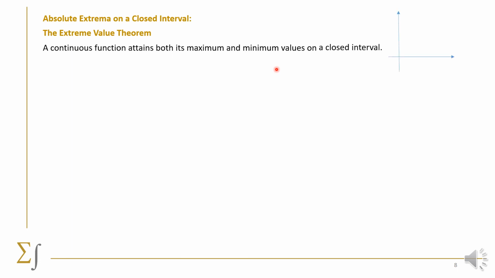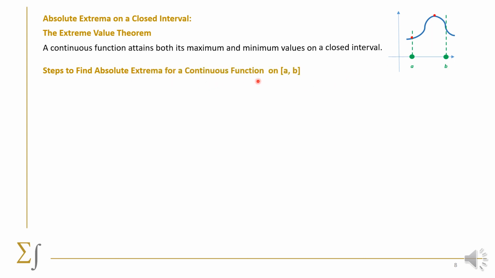We have the x-axis, the y-axis, and a curve of a function f of x. We take a closed interval AB, and this function attains its maximum value up here and its minimum value down here on the closed interval AB.